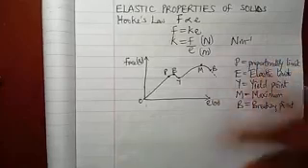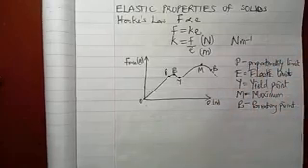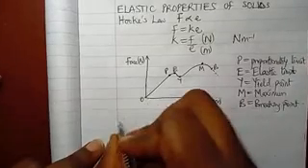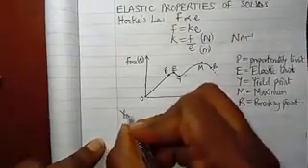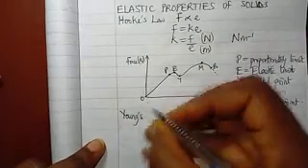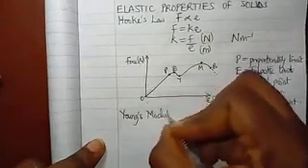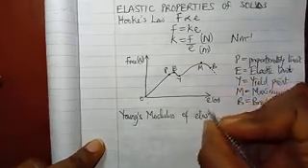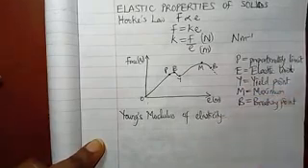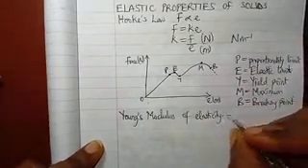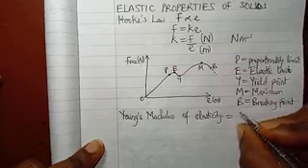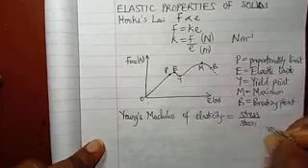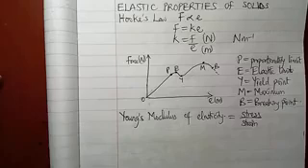And then from this graph, let's talk about something we call Young's modulus of elasticity. Young's modulus of elasticity is simply the ratio of stress to strain of an elastic material.